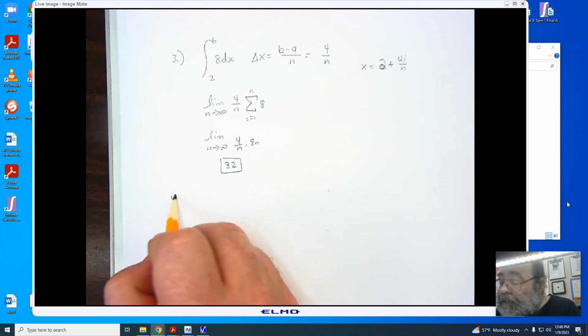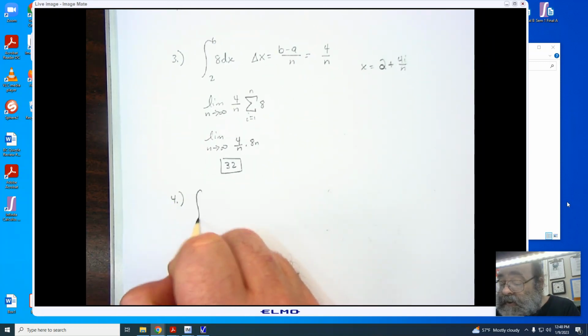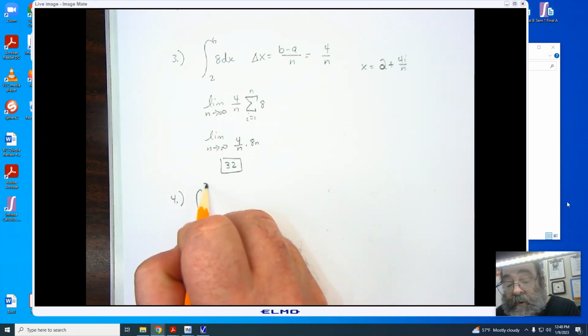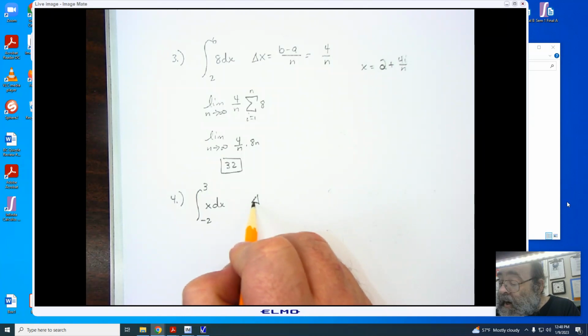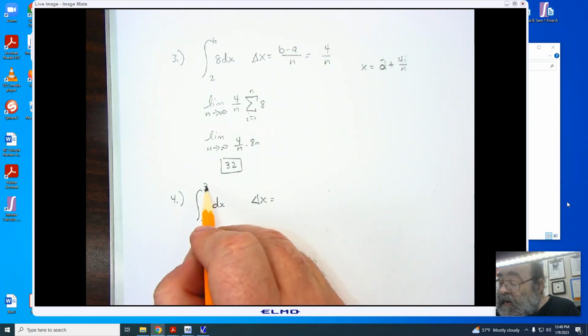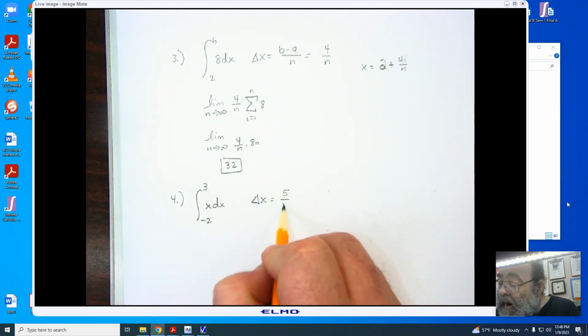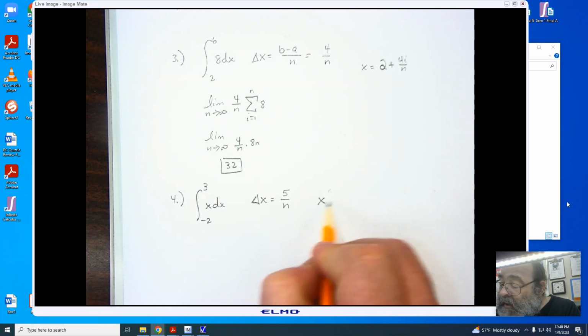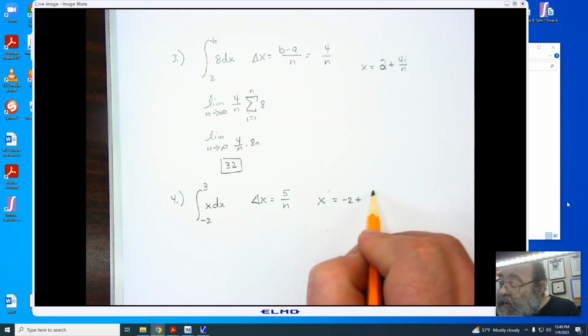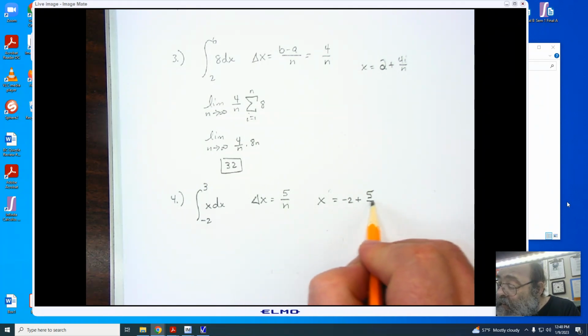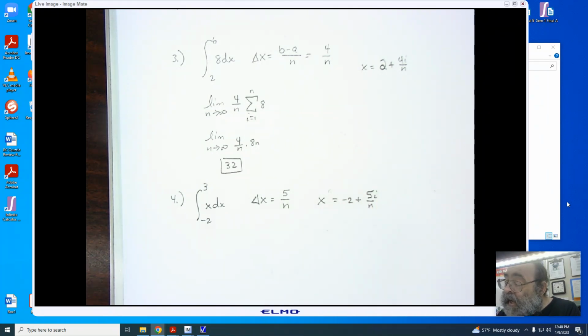Going to number 4. Number 4 is asking us to take the integration from negative 2 to 3 of x dx. That means that my delta x is going to be the gap, 5 over n, and my x is going to be negative 2 plus the same 5 over n times i.